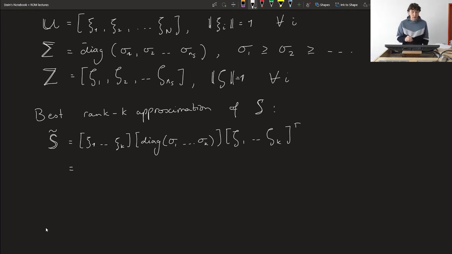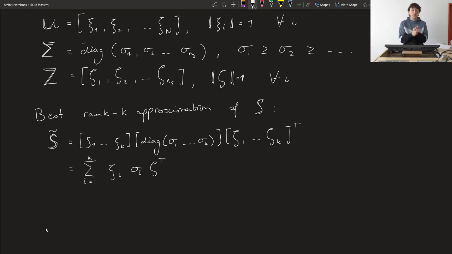And this notation is a little bit confusing, but if we work out the matrix multiplication, then we see that this is saying nothing more than that this is a sum from i equals 1 until K. So we have K of those, rank K, of column vectors psi_i multiplied by scalar values sigma_i multiplied by row vectors zeta_i transpose.